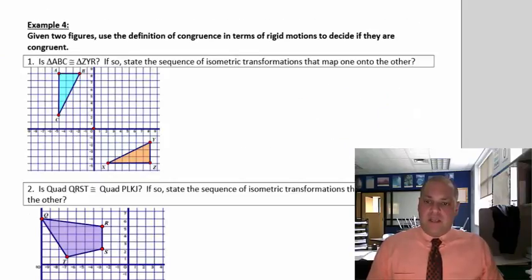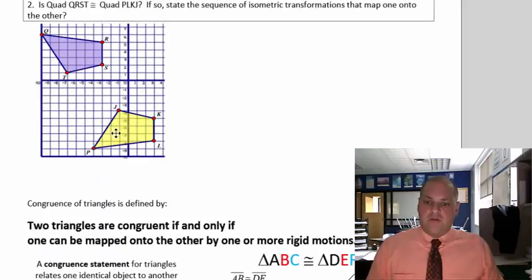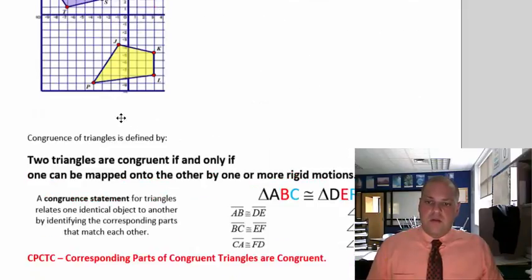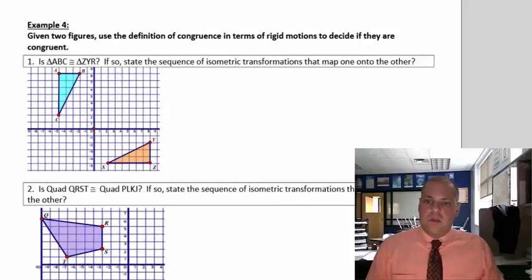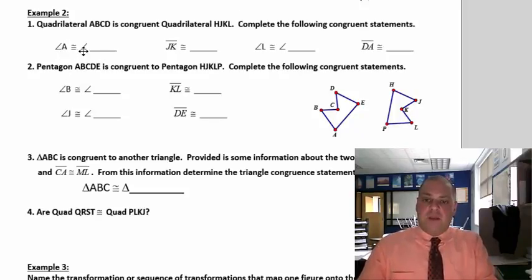Quadrilateral ABCD is congruent to quadrilateral HJKL. Complete the following congruent statements. Angle A must be congruent to what?